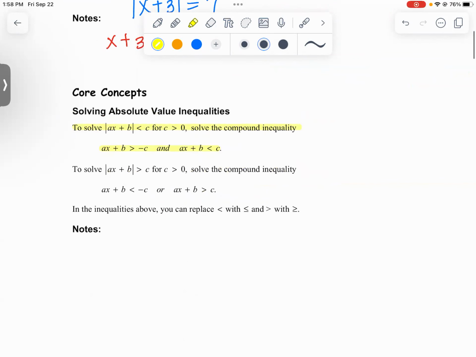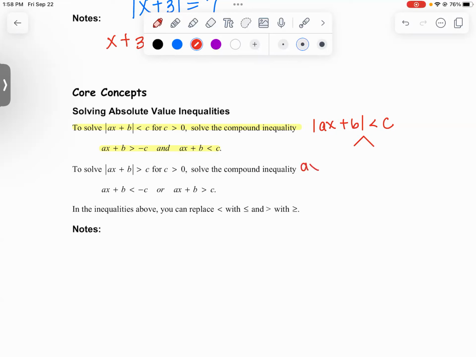Basically, if we have the absolute value of ax plus b is less than c, then what we're going to do is split this up into two inequalities.